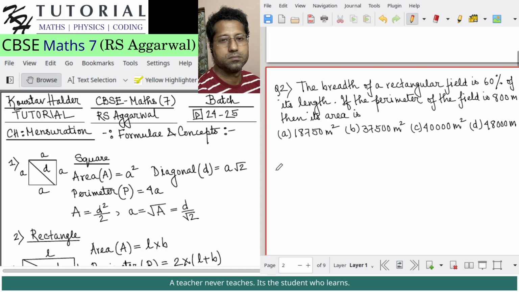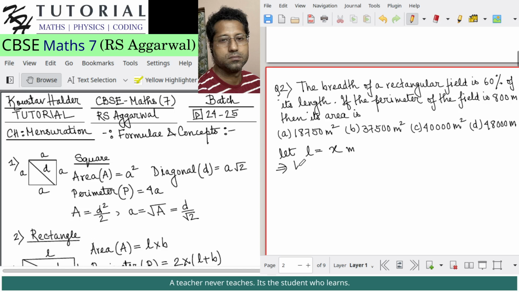Okay, since the breadth of a rectangular field is 60% of length, let length L be equal to x meter. Since the perimeter is given in meter, we must assume the length and breadth to be in meter. So let's say the length is x meter.